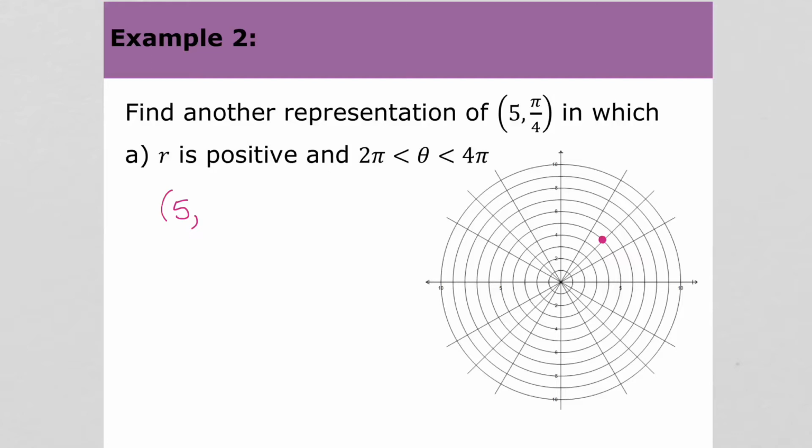So what we have to do is go around from pi over 4 another 2 pi. And that will place it between 2 pi and 4 pi. So we're taking pi over 4 and adding 2 pi. I meant go around 2 pi, sorry. So that would be the point 5, 9 pi over 4. So another representation for 5, pi over 4, the same point, is also 5, 9 pi over 4.